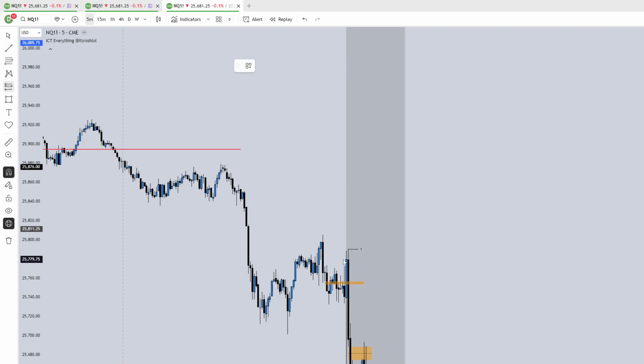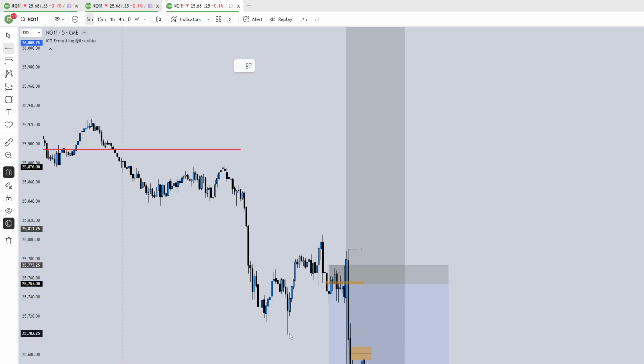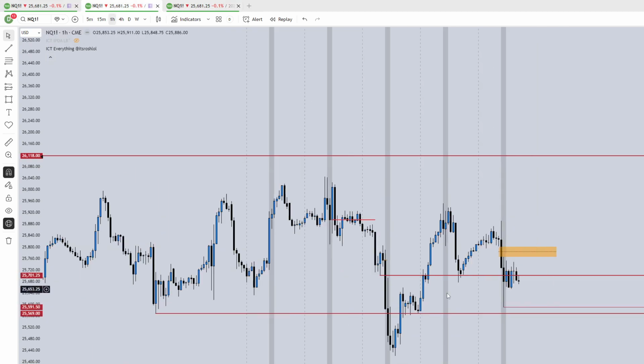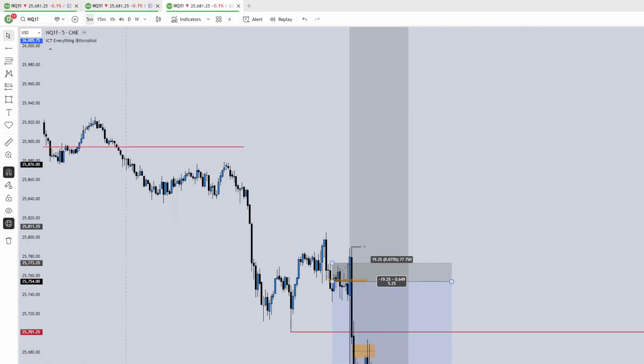But this was before I came to the realization that I just can't deal with this pre-market, because I was in this trade at 8:50, stop above the high, and then my target down there, which at the time was that H1 low.